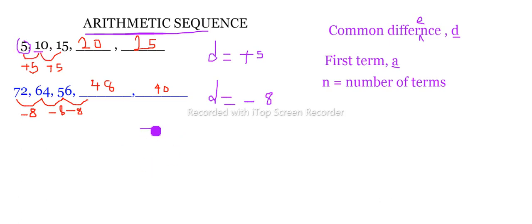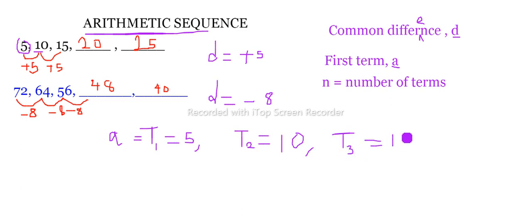So T1 is the first term, which is 5, and that is A as well. Then T2, the second term, is 10. T3, the third term, is 15. We can continue like that.